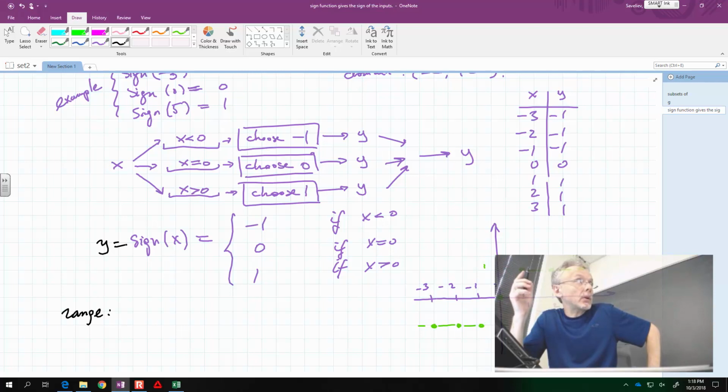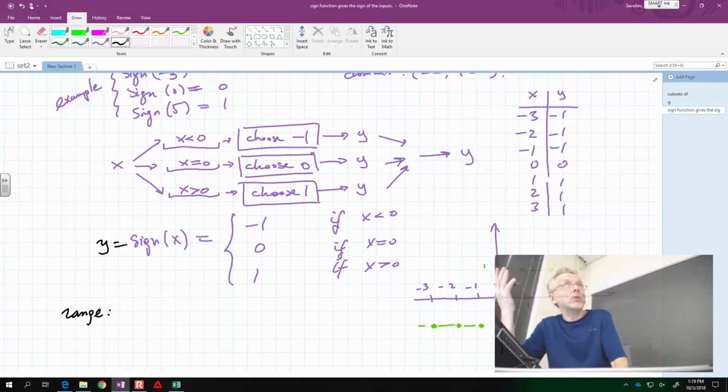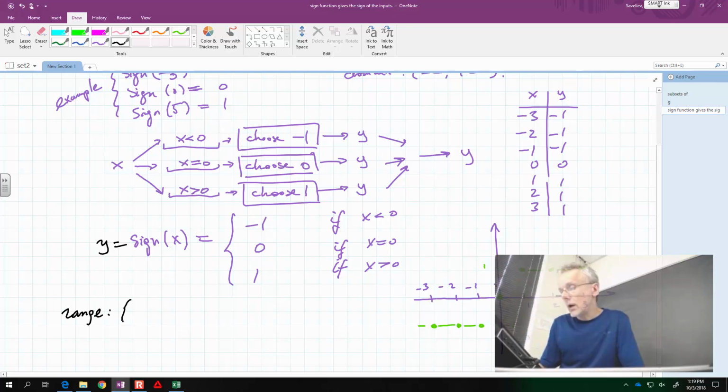Because you can only choose between the three: -1, 0, and 1. These are the only values in the range, the actual values for which there are x's. So you cannot find x for 10, or for 0.5, anything like that. Only these three are in the range: -1, 0, and 1. That's the range.